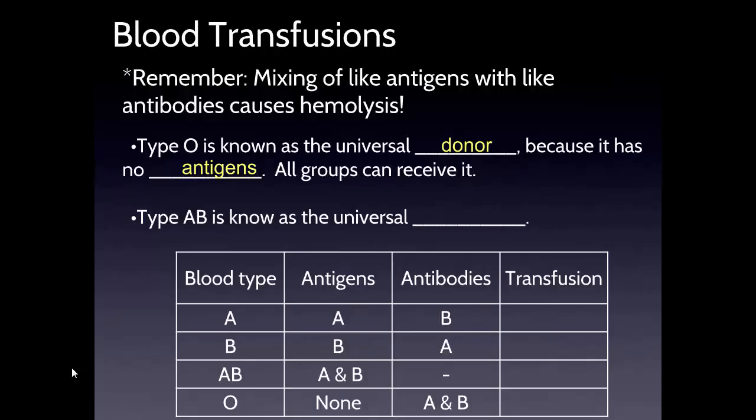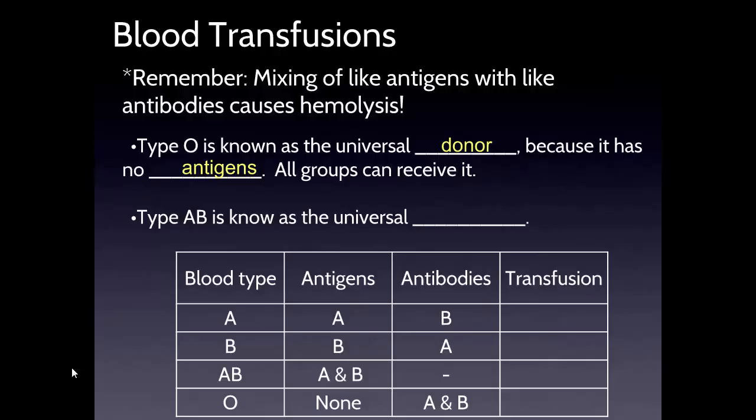Let's think about a person with type AB blood. What type of antibodies are floating around in their plasma? None. No antibodies floating in their plasma, right? Because they have A and B antigens on the red blood cells. So, if they have no antibodies floating in their plasma, who can they receive blood from?